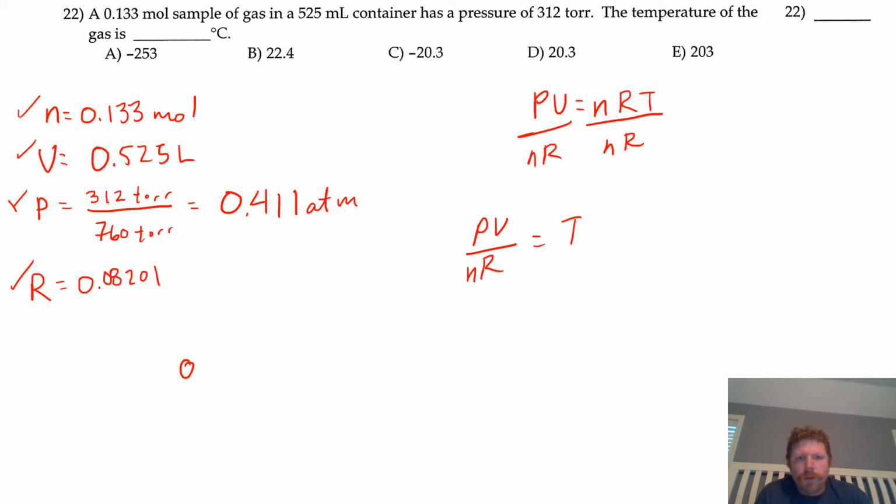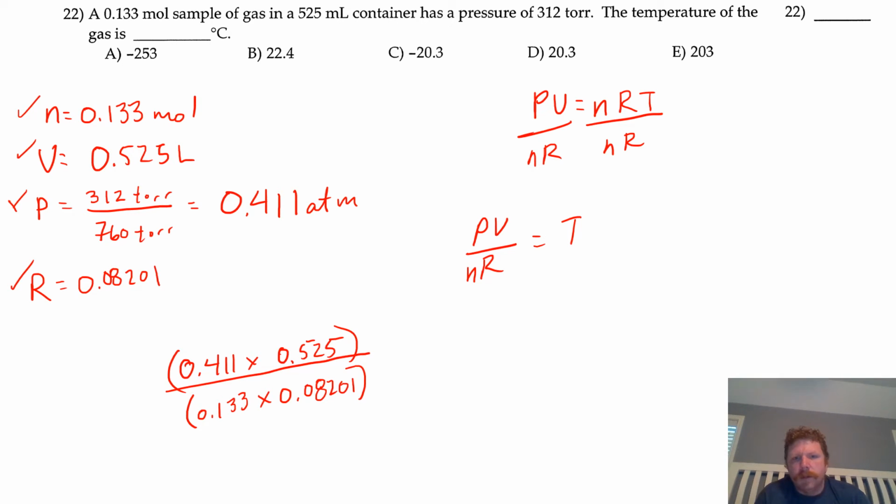So 0.411 times volume 0.525 divided by 0.133 times 0.08201. I'm left with a temperature. You've got to remember that your temperature is going to be in Kelvin.